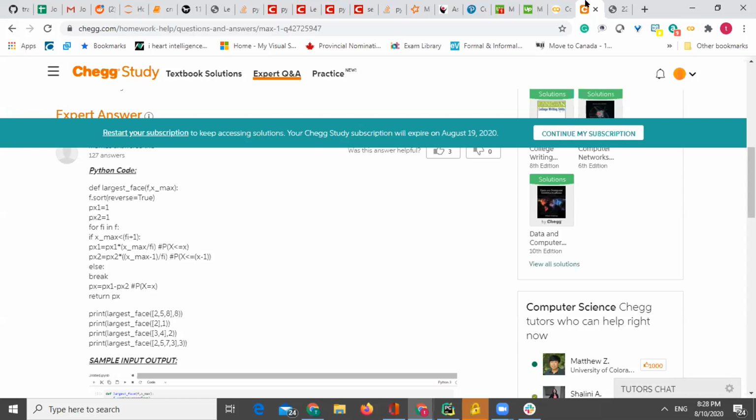Do you want to share my screen, or should I try to explain this code to you? Oh yeah, please share your screen. But I haven't solved the problem on my side yet. I got some errors.